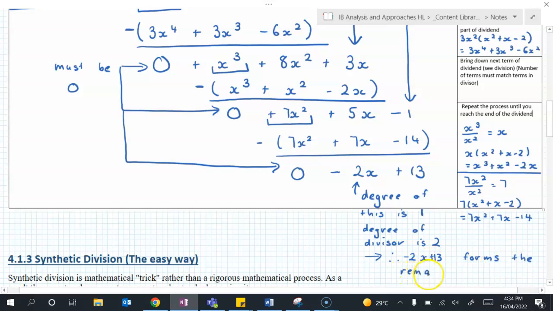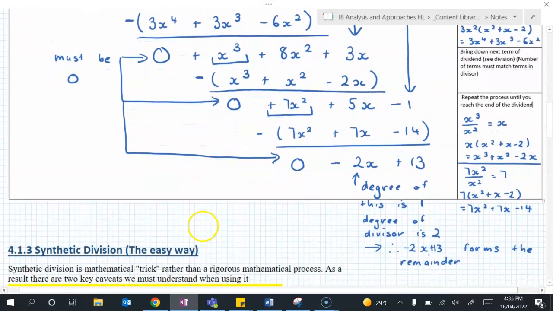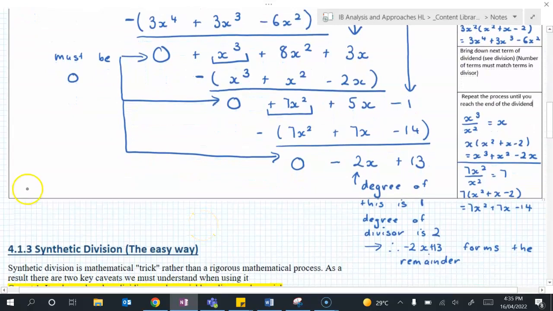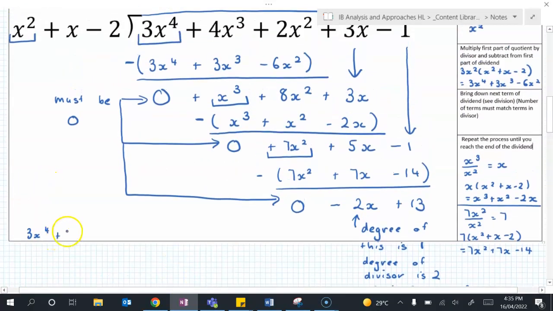So when we had 11, we said, well, that's less than 26. Here, the degree of our polynomial, or degree of our terms, is less than the degree of the divisor, so that means it's, in this case, the remainder. So we've done a division, and what have we got? Well, we had 3x to the power of 4 plus 4x to the power of 3 plus 2x squared plus 3x take 1.